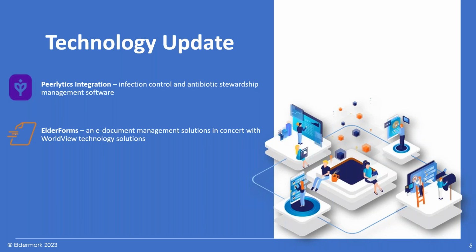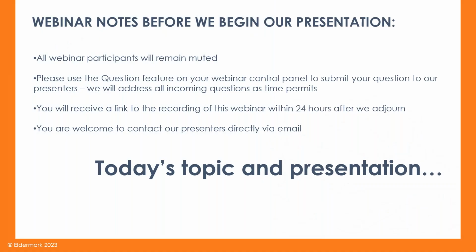Elder Forms basically is an electronic document management system that can help you manage all of the forms and documents that you use in serving your resident customers electronically, including e-signatures and then storage of e-documents within the Elder Charts system. Want to learn more about that? Let us know. Happy to connect you with someone to get you in the know about Elder Forms.